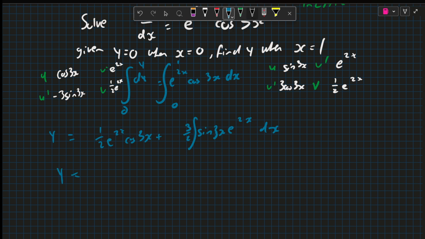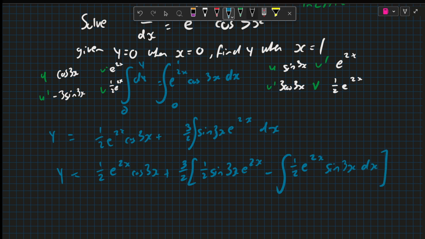So we get y equals 1 half e to the 2x cosine 3x plus 3 halves times the integral, which is, again, u times v, so that's going to be 1 half sine 3x e to the 2x. Take away the integral of 1 half e to the 2x sine 3x dx.